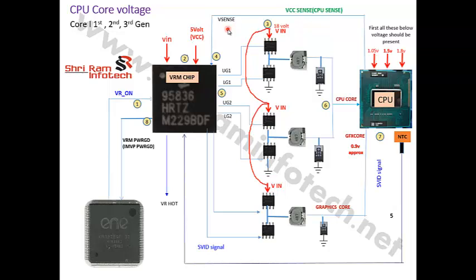So the next is called the NTC. The NTC is a small thermistor. It's called the negative temperature coefficient. It is a small thermistor which senses the temperature below the CPU. If the CPU is very hot, then it generates a signal and sends that signal to the VRM chip, and the VRM chip terminates the core voltages.